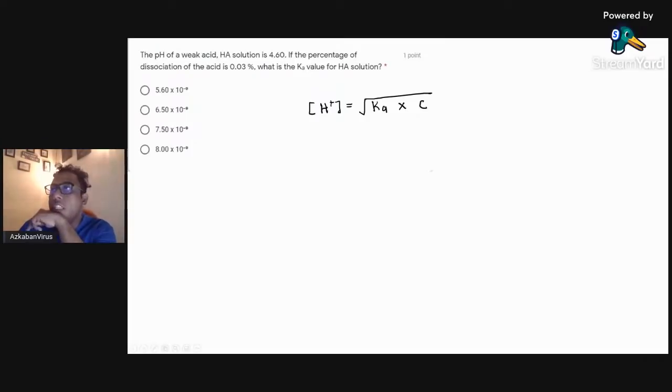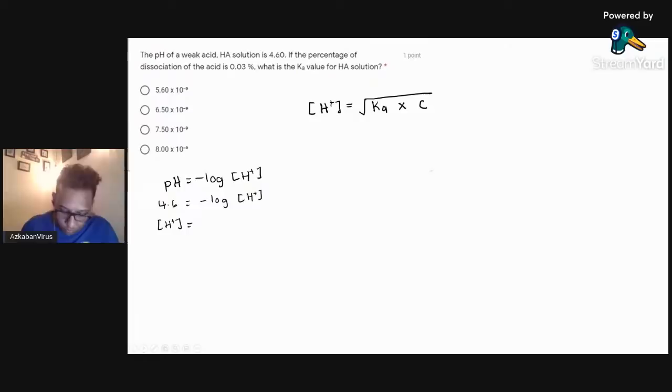Okay, so first kita cari concentration of H plus dulu. pH is equal to negative log concentration of H plus. From here, kita nak cari Ka.